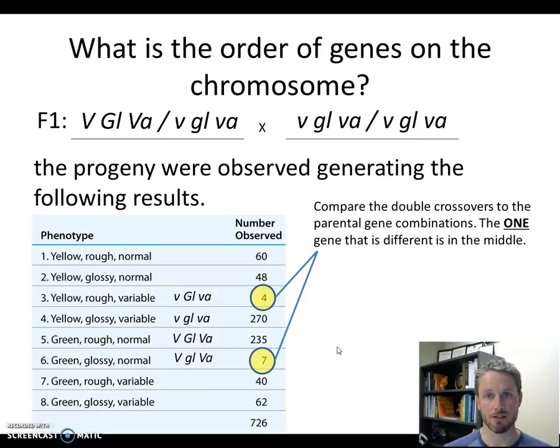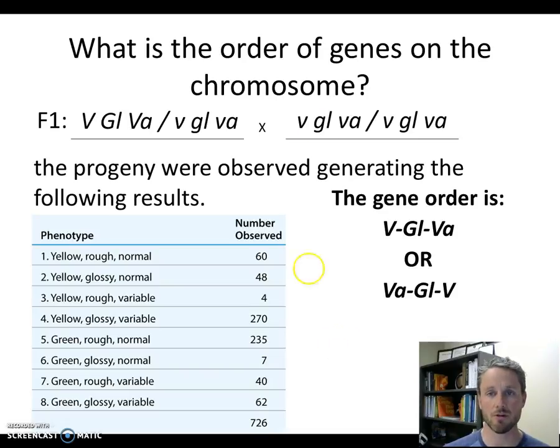So we have just learned that this rough versus glossy allele, this leaf texture gene, is in the middle. So we would answer this question: what is the order of genes on the chromosome? This way. The gene order is, and you would write down either V-GL-VA, indicating that GL is in the middle, or another perfectly good answer is VA-GL-V. Again, GL is in the middle. All we care about is which one is in the middle.